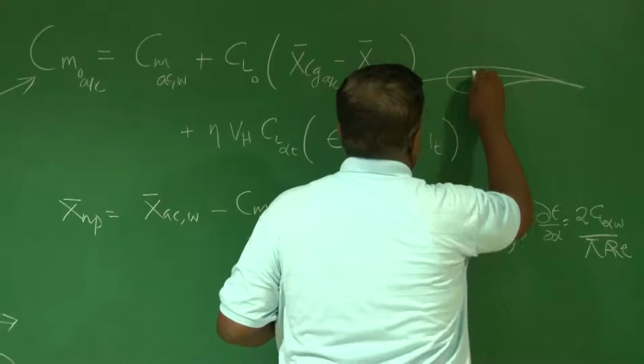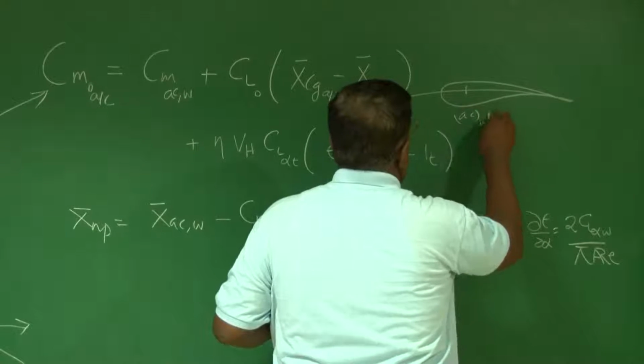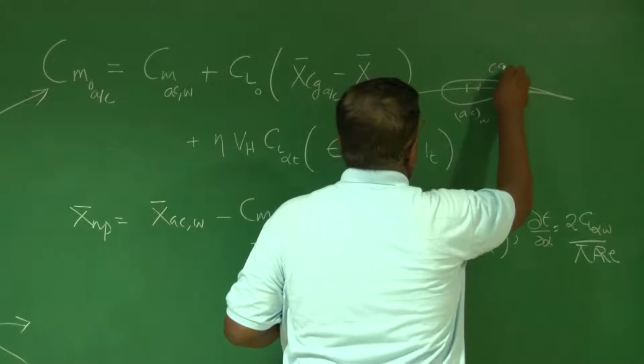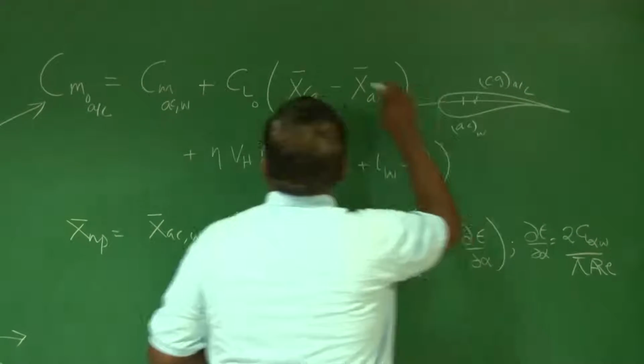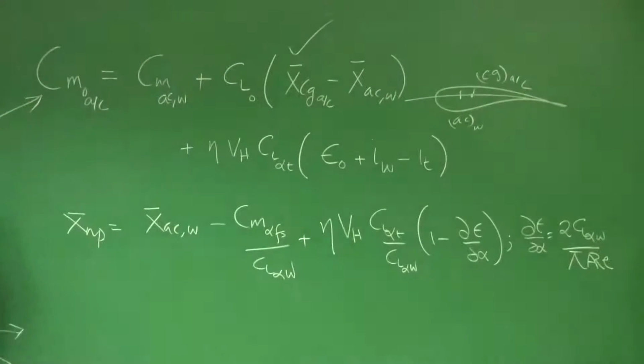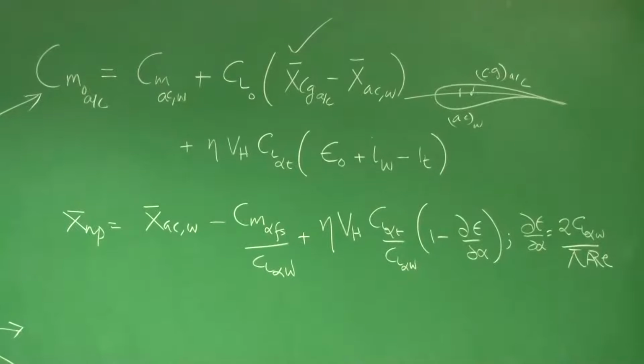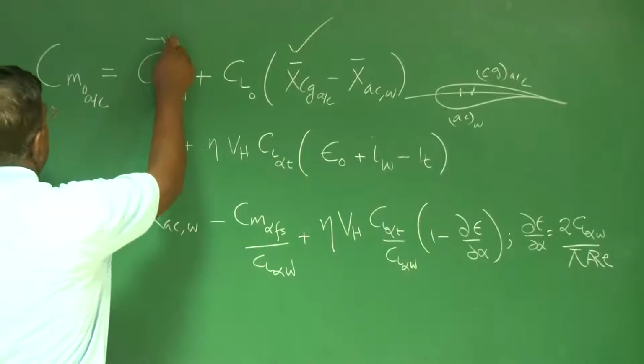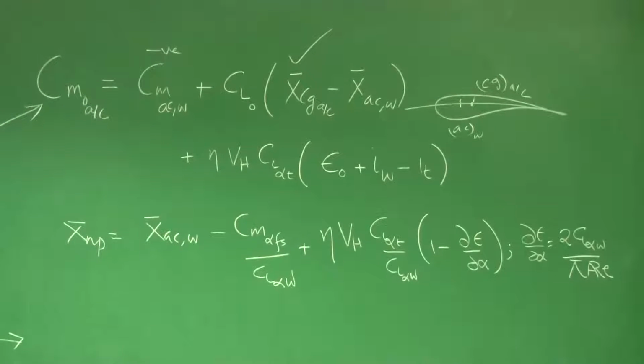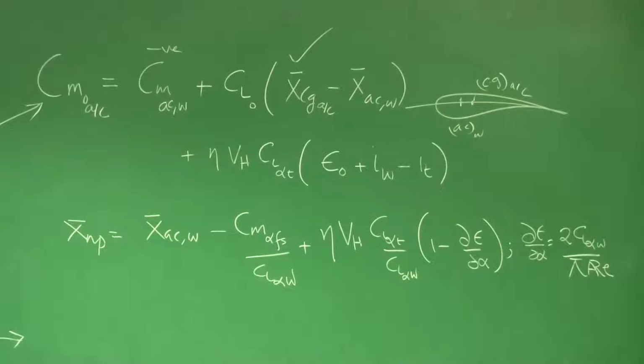If I am keeping the AC of the wing a little ahead of the CG of the aircraft, I know this term becomes positive, right? But the Cm AC will always remain negative for a cambered aerofoil, and it becomes positive for a reflex aerofoil. So camber can be positive camber or negative camber. When I say cambered aerofoil in the conventional sense, the Cm AC of the wing will always be negative.